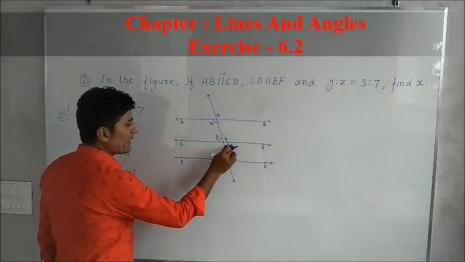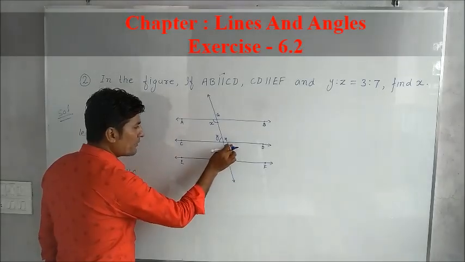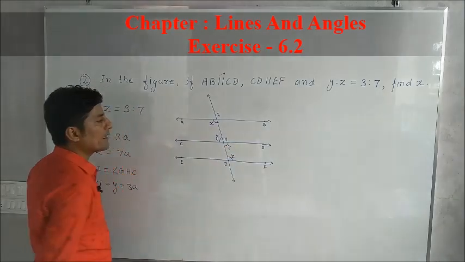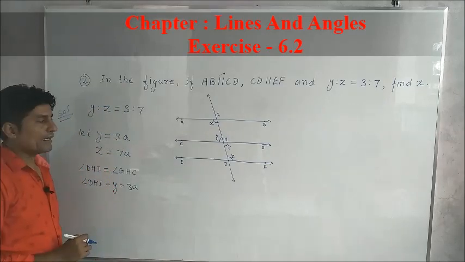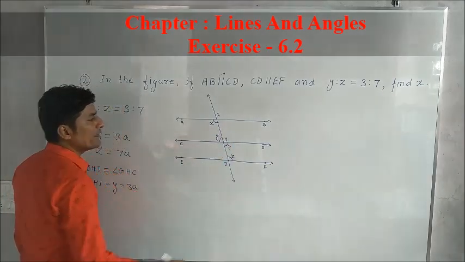After getting the measurement of this angle, now the sum of these two angles Y plus Z will be equal to 180 degrees, because these two are the interior angles.